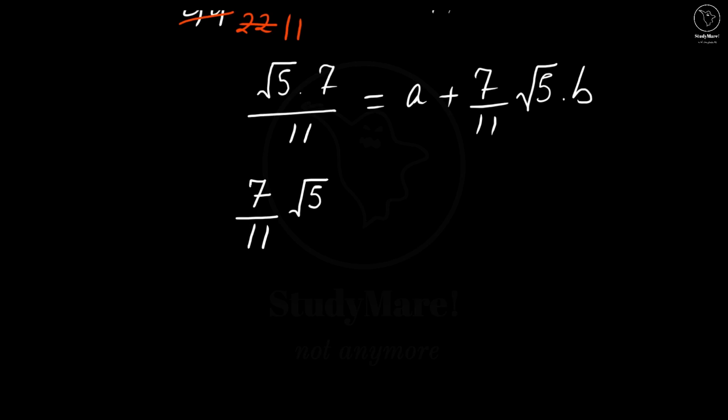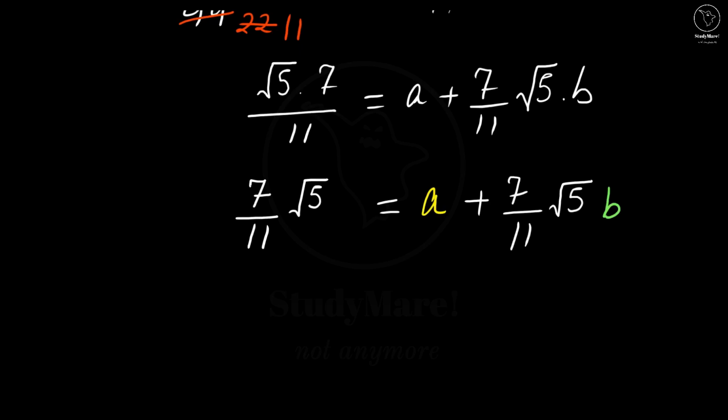We have just changed the representation, nothing else. And this side we have A, the value we have to find out, plus 7 by 11 root 5, and B, the value which we have to find out.